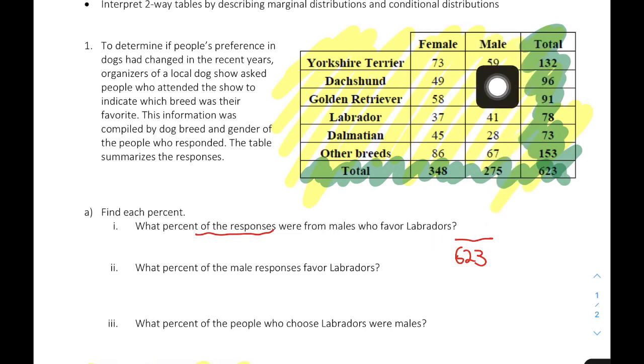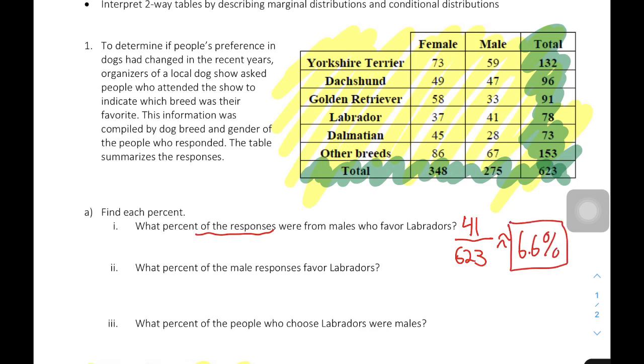Well, how many males favor Labradors? We have right here, males, labs, 41. And that's the fraction. In this problem, they specifically asked for the percent. So calculating 41 divided by 623, it's about 6.6%. I use my calculators, guys. I'm not that good.